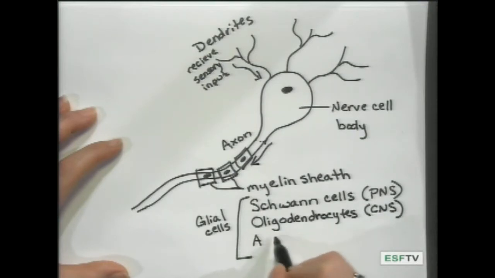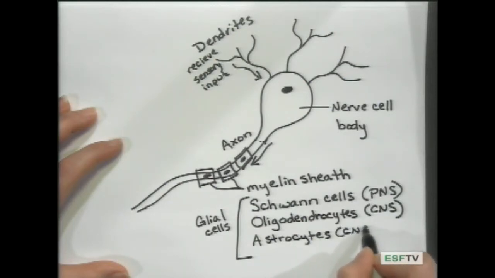And also found in the central nervous system are astrocytes. And astrocytes are neuroglial cells that facilitate nutrient transfers and ion reservoirs, again within that central nervous system.